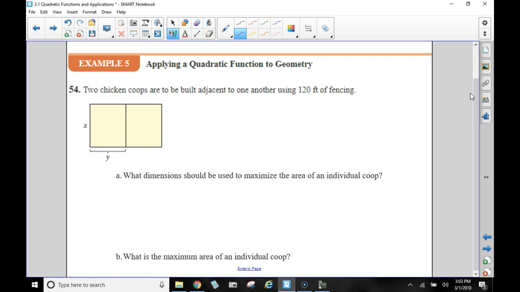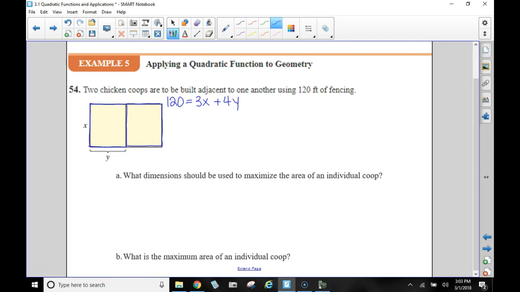All right, so we know that this 120 feet of fencing is the x plus x plus x. We have 3 of those x amounts added to y plus y plus y plus y, 4 of those y amounts.